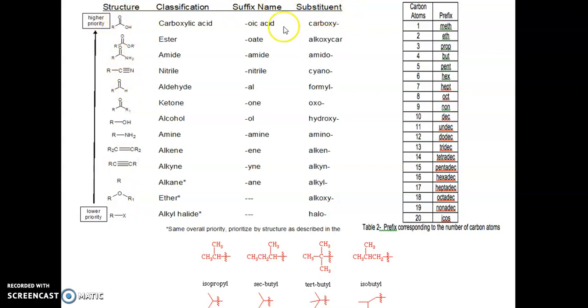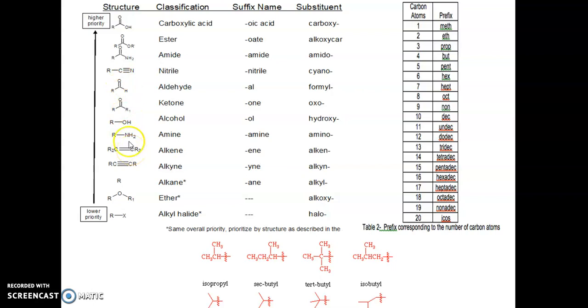Now another column is named substituent, for the same functional groups. Under the substituent column, the functional groups are replaced by names that are used when these groups act as a substituent.